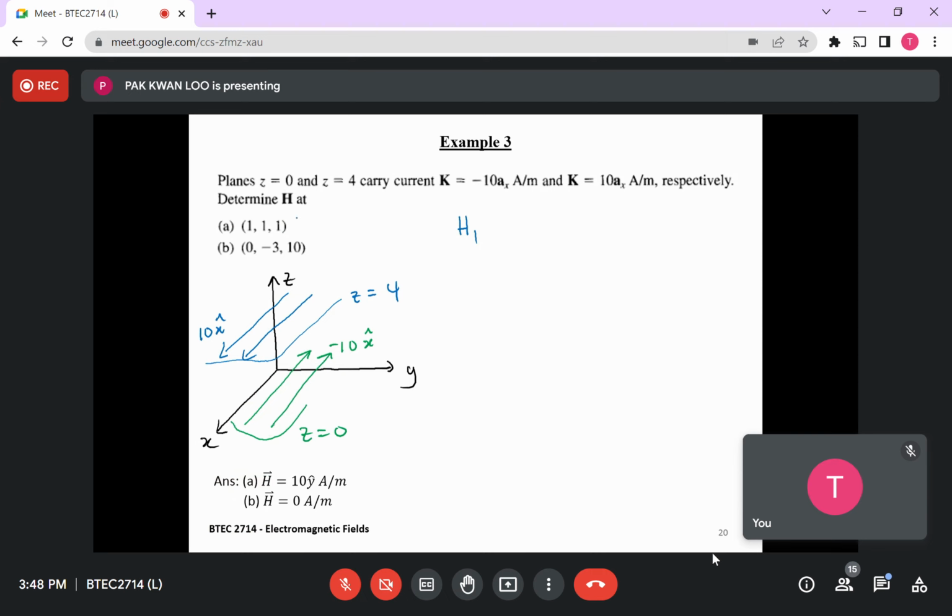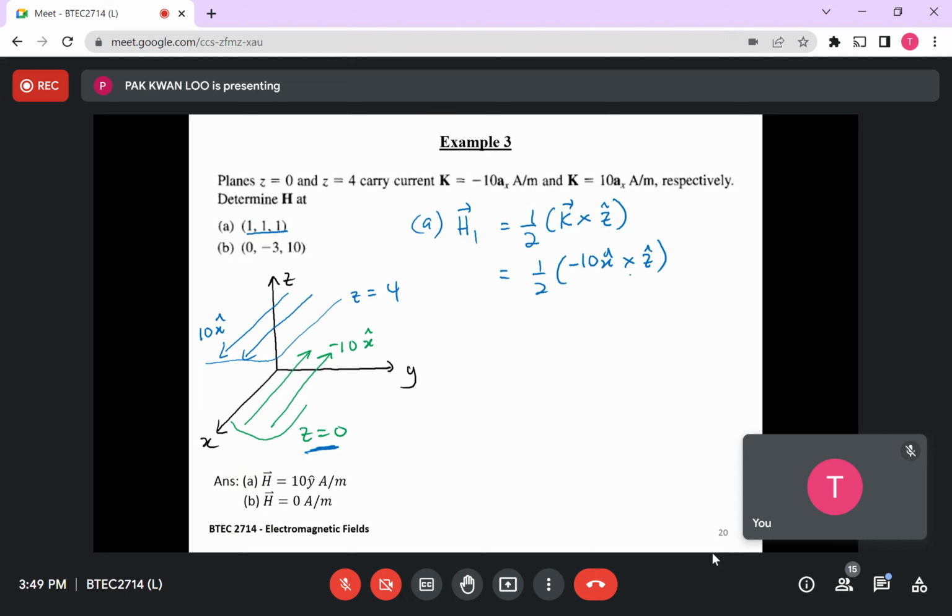At this point, which is in between, it is above the z equals 0 plane, and therefore it is half K cross n cap, which is z cap: -10 x cap cross z cap.